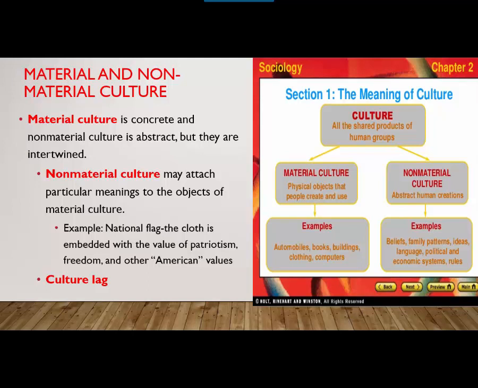Whether you're thinking about artificial intelligence, designer babies, or computer-assisted child pornography, the fact that we can create all those things is material culture. But how do we feel about those things?